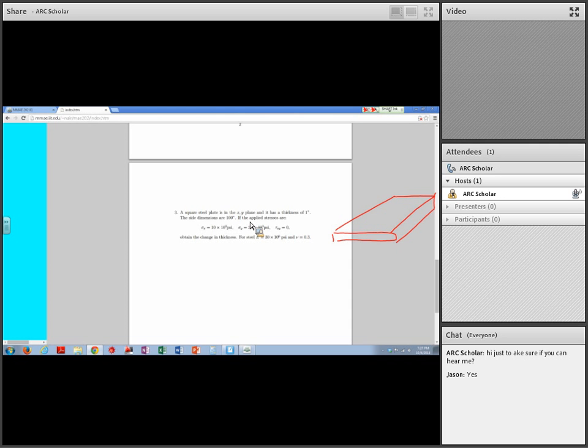When I pull here, the thickness is going to be smaller. So it's just using the Poisson ratio in a slightly different way, because you now have two directions.